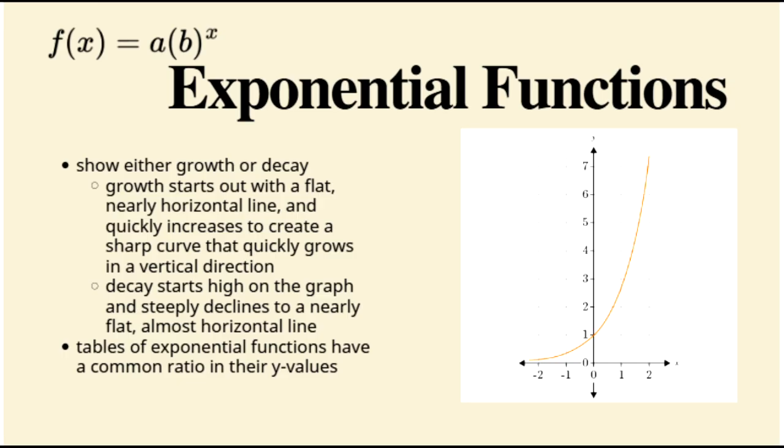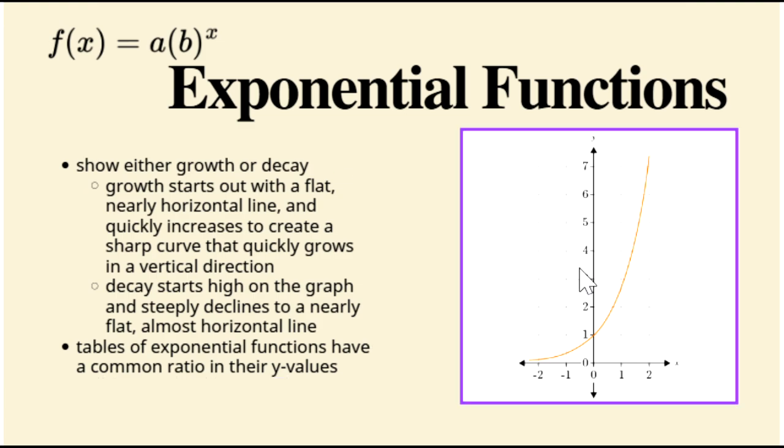Here's exponential functions. They show either growth or decay. The growth starts out with a flat, nearly horizontal line and quickly increases to create a sharp curve that quickly grows in a vertical direction. This shows growth. Decay starts high on the graph and steeply declines to a nearly flat or almost horizontal line. So it just goes the opposite direction.